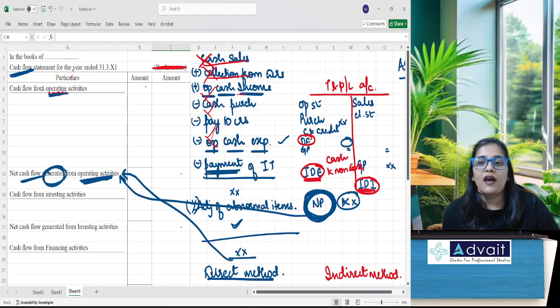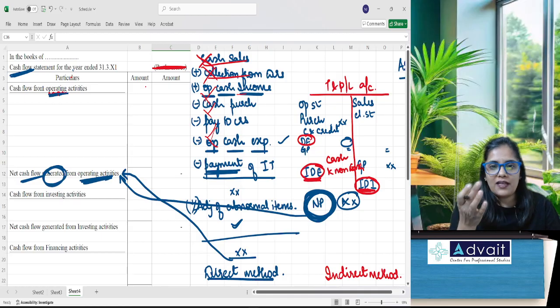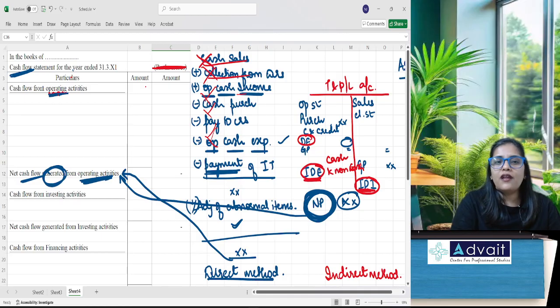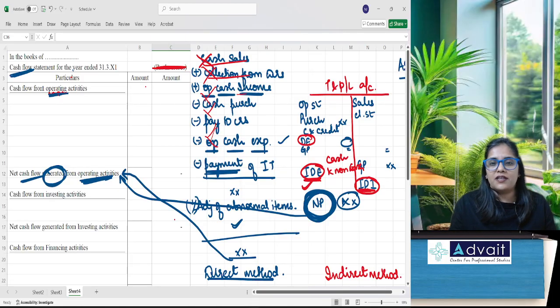For example, in P&L, we do record depreciation, right? And depreciation is a non-cash item. Second, in trading and P&L, we not only record operating activities items, we also record investing and financing activities items. For example, if you've taken a loan, interest on that loan will definitely come here. Correct? So we are recording all three activities.